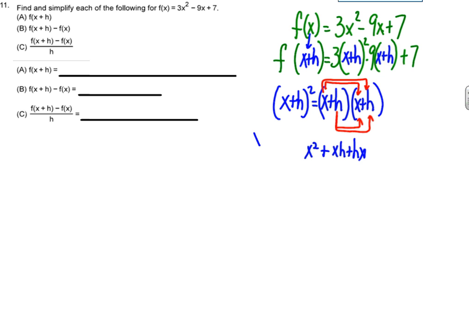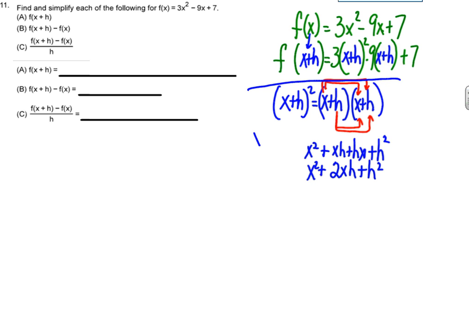Now we're going down to the bottom here, plus h squared. Because of the commutative property of multiplication, xh and hx are the same, so we're going to call that 2xh plus h squared.